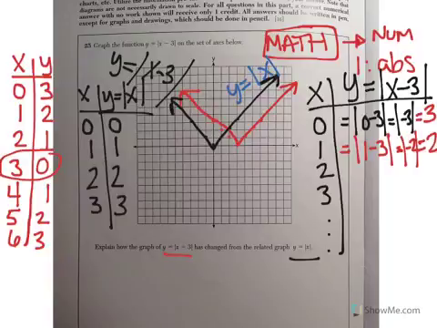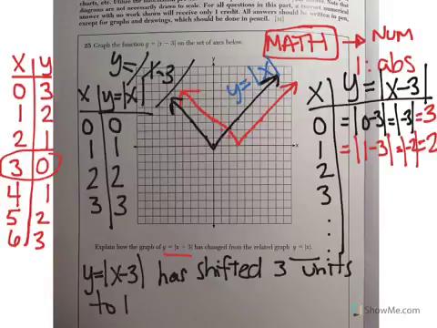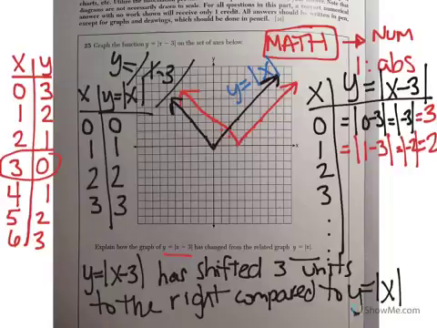And so y equals absolute value of x minus 3 has shifted 3 units to the right compared to y equals the absolute value of x.